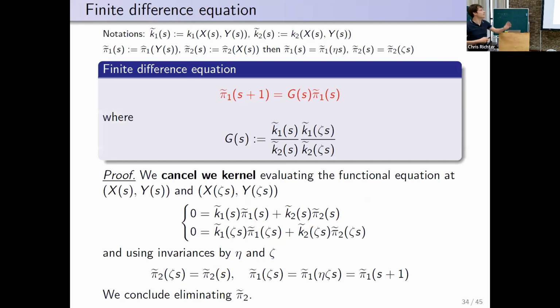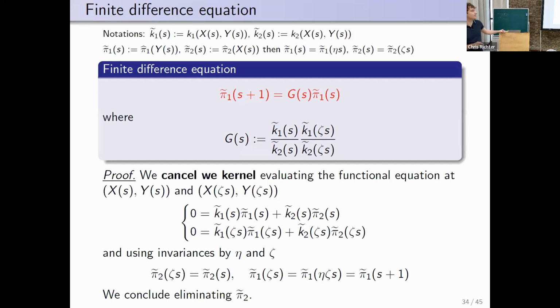Okay. So now, thanks to this involution, I'm going to obtain some finite difference equation, which is written here. So it's a really simple equation. It's pi1. It's just the Laplace transform, but I evaluate now everything in y of s and x of s. I want to cancel the kernel, so I take tilde as a convention when I evaluate in y of s and x of s.